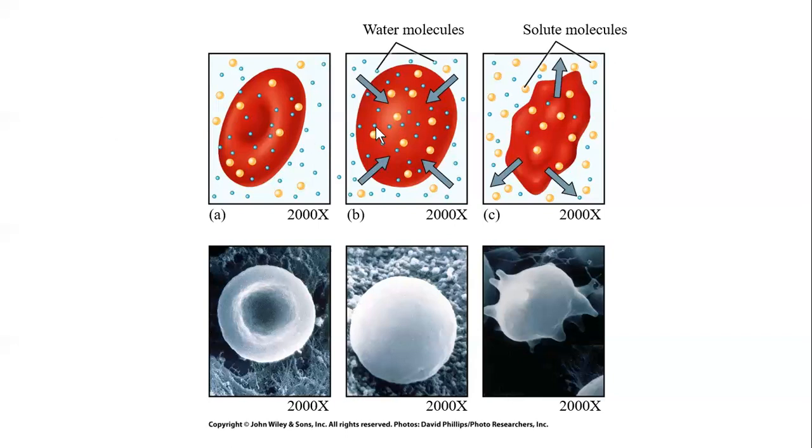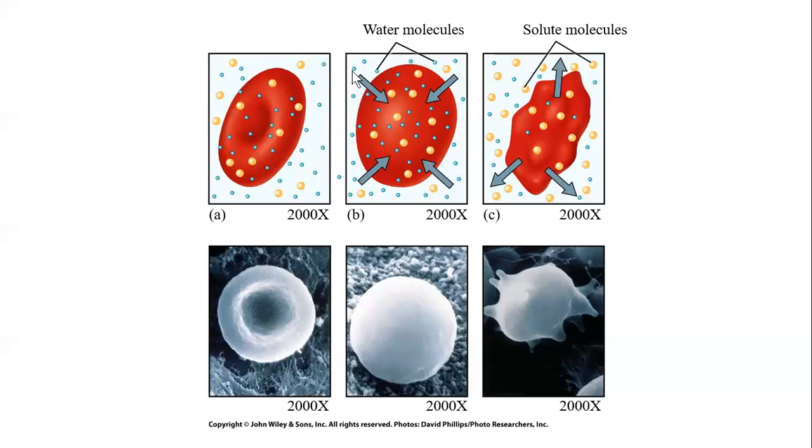When you look at panel B, you see something totally different. The red blood cell inflated like a balloon, and you see all these gray arrows pointing into the red blood cell. These gray arrows represent the movement of water molecules. Now, why would water molecules move into the red blood cell?